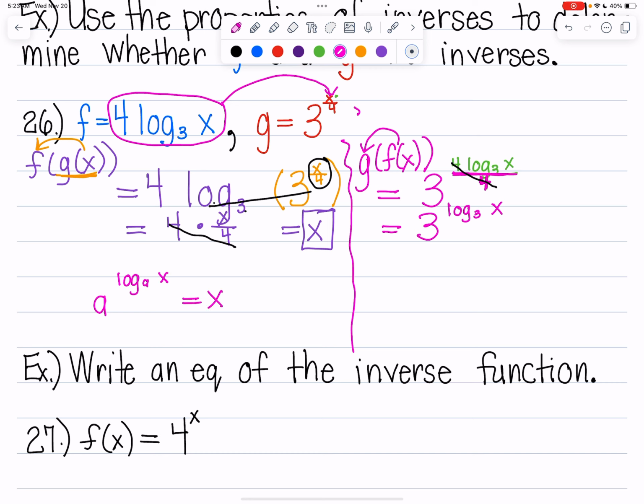That's what that property says. Because if you have an exponential of that base and then you have a log of the same base, they cancel each other out, so it'll leave you with x. That's the property. So look what happens here. This 3 cancels log of 3. And now you're left with x.